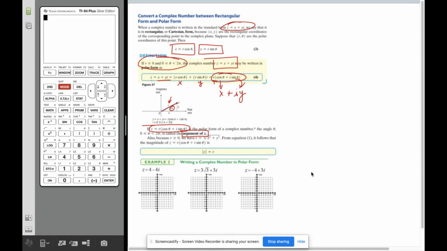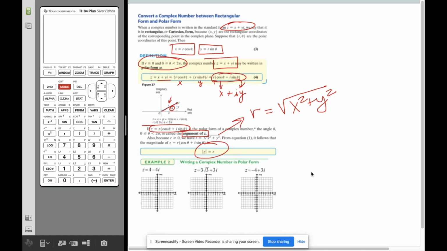It turns out that r is the same as what we called the magnitude or the modulus just a minute ago. So it's the square root of x squared plus y squared, just like that. Okay, so let's go ahead and practice just a few examples of how you can convert between a complex number in rectangular x plus yi form and then polar form.